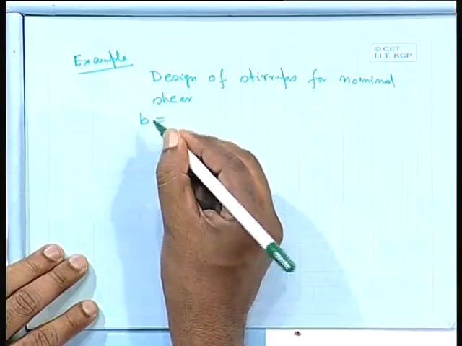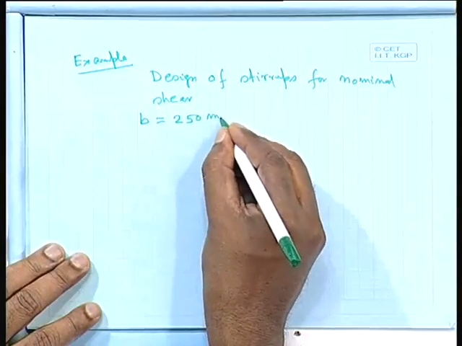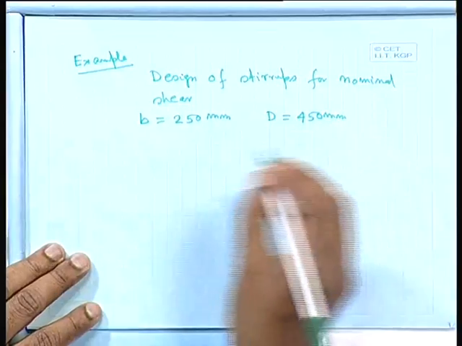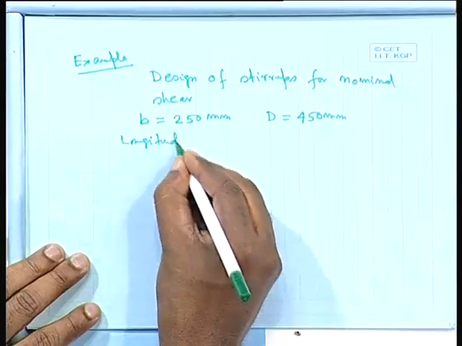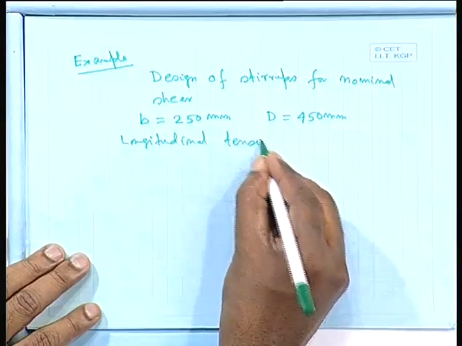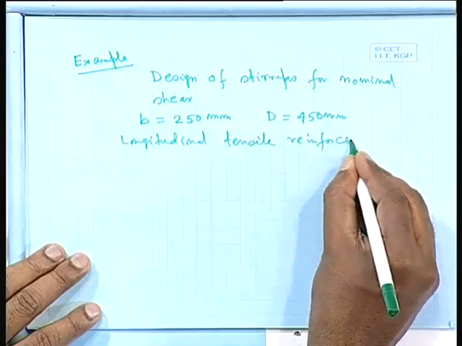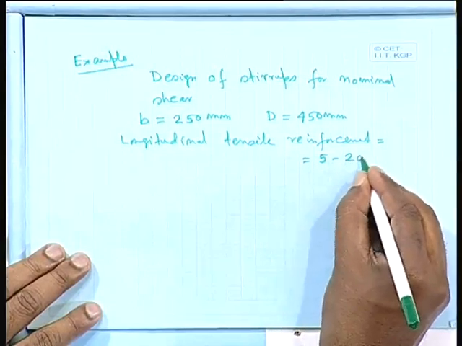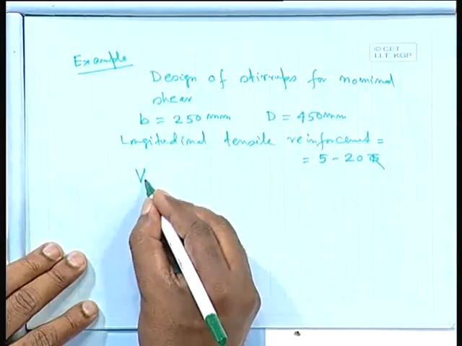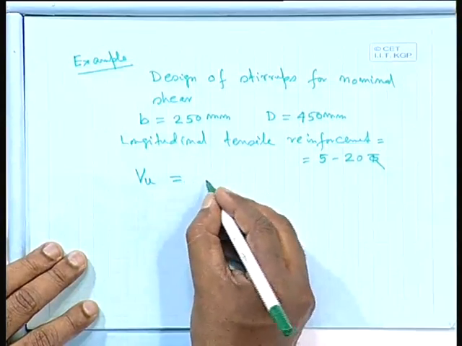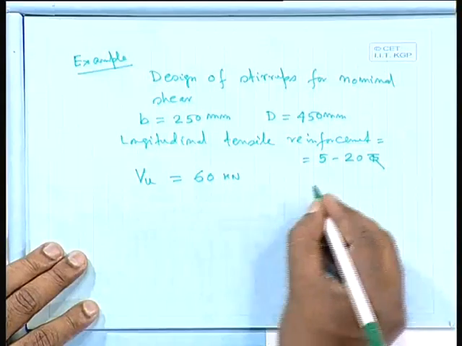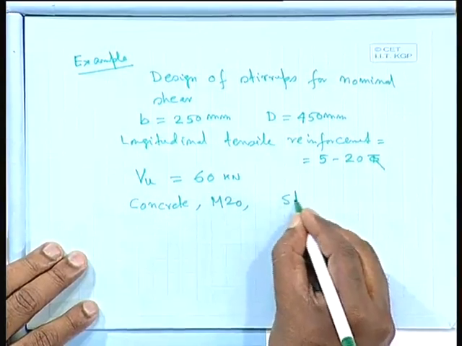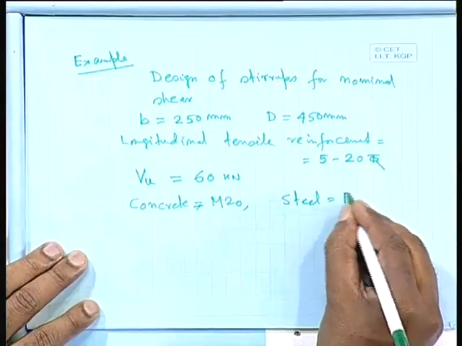Let us take B equal to 250 millimeter, D equal to 450 millimeter, longitudinal tensile reinforcement that is here 5 of 20 torr, VU the shear force, that is the factored one, 60 kilonewton, concrete M20, steel Fe415.